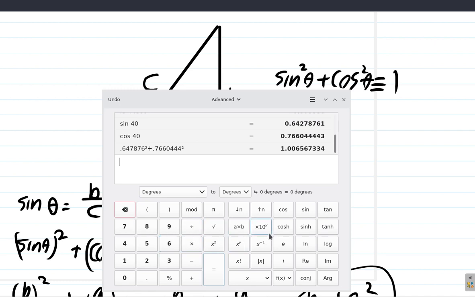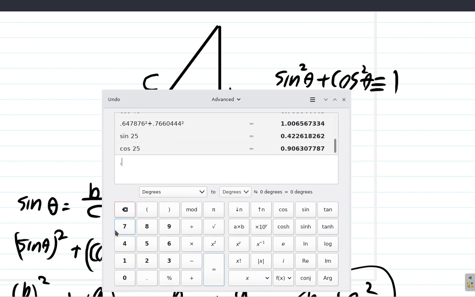So you have 1. You can try one more. What is the sine of 25? This is what we get. And then the cosine of 25 equals. Alright.